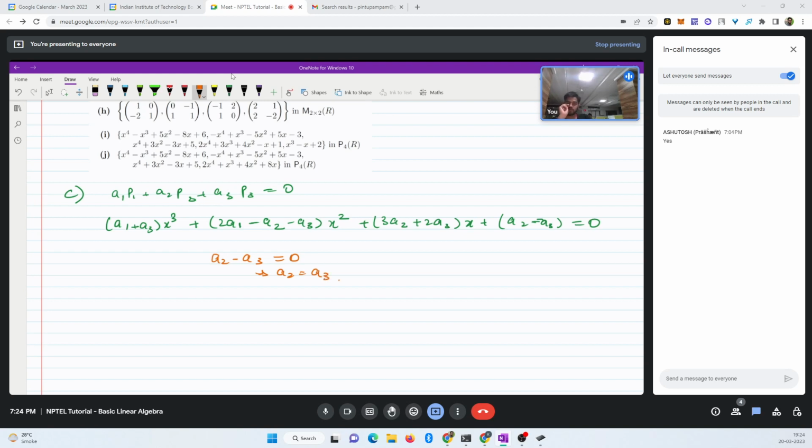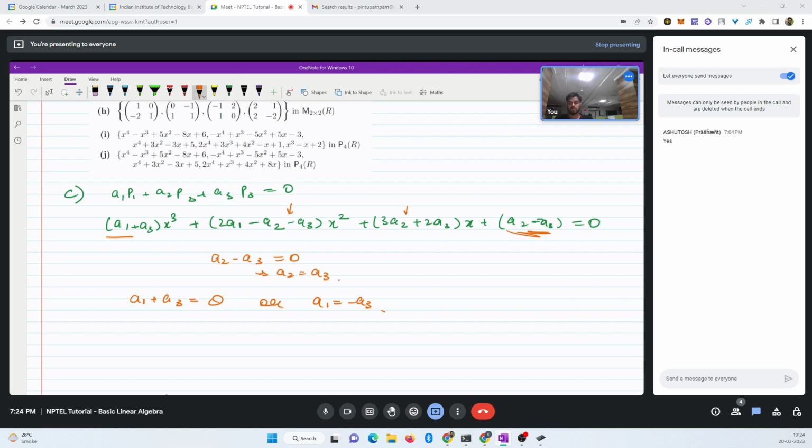Now if you go to the first term, this gives us that a1 plus a3 equals 0, or a1 is equal to minus a3. Let's see if the conditions we got from these two are satisfied in the other two.